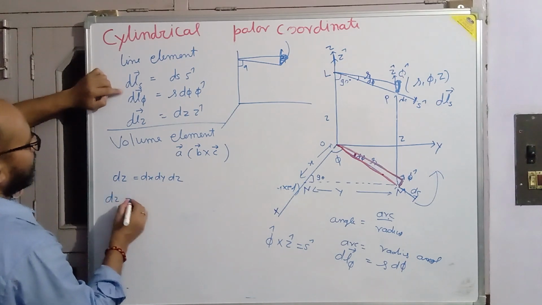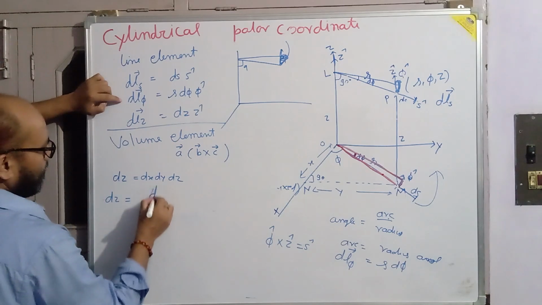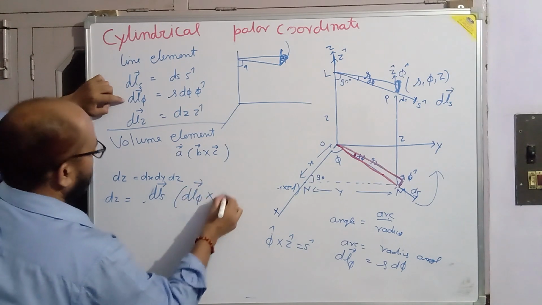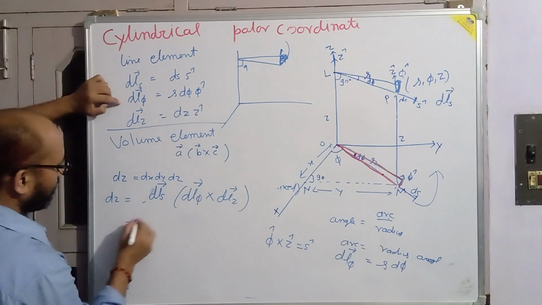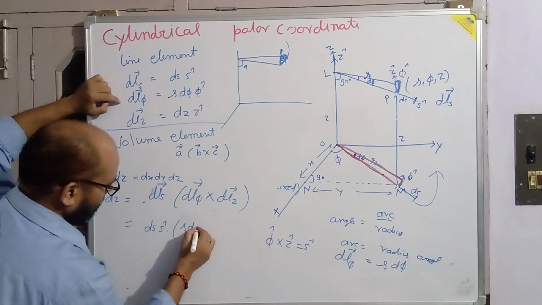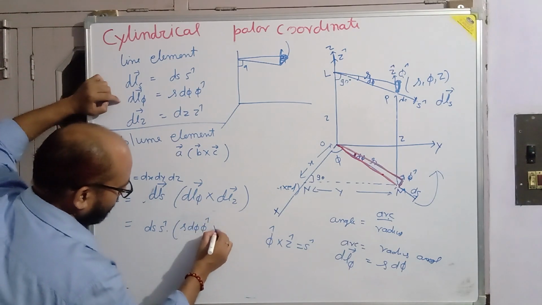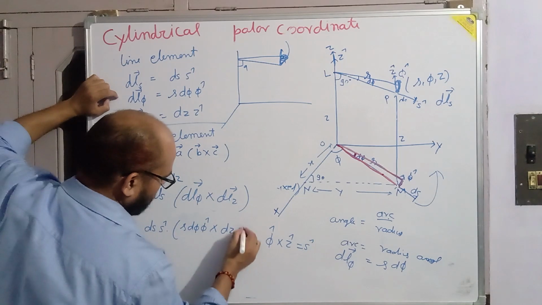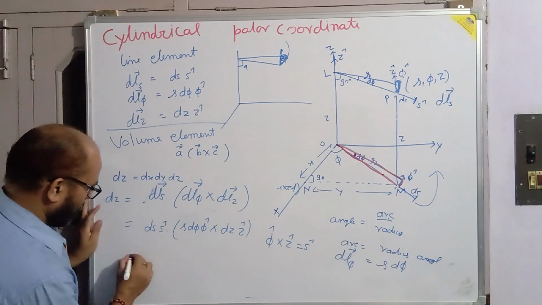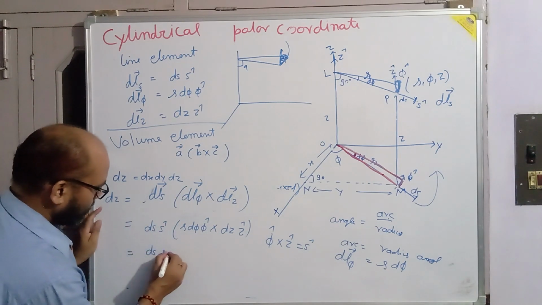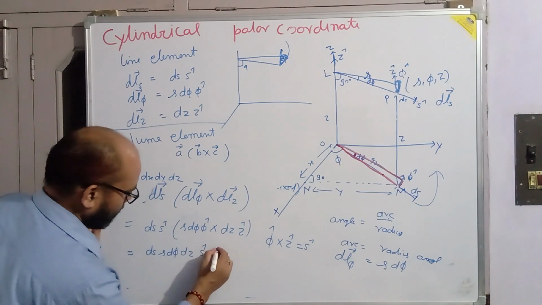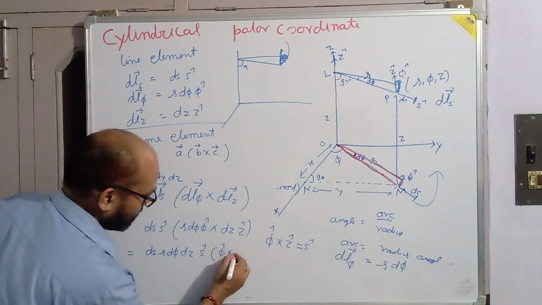So d tau equals dls dot dl phi cross dlz. So simply here dls equals magnitude ds s cap, dot dl phi, s d phi phi cap, cross dz z cap. Now here s d phi dz and ds are scalar quantities. So ds s d phi dz, s cap dot phi cap cross z cap.